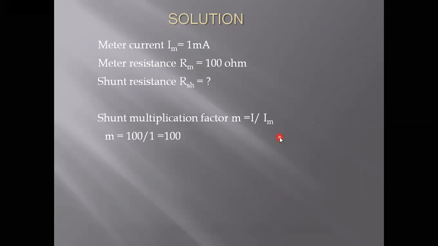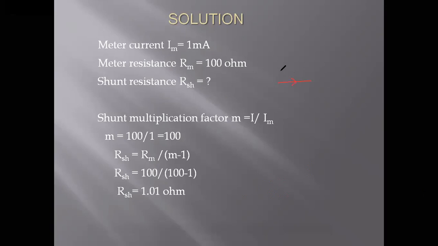It's I by Im, which is 100 by 1, that is 100. And the Rsh formula is Rm by n minus 1. We know Rm is 100, so 100 by 100 minus 1 is 100 by 99. And 100 by 99 will result to 1.01 ohms.